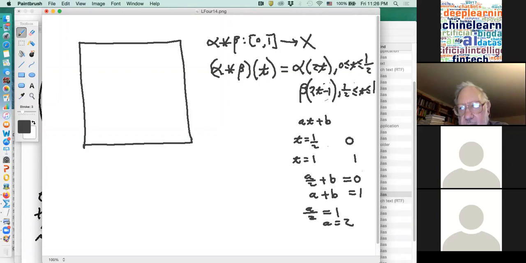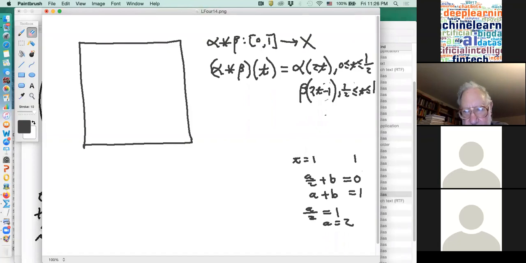Right, let's see. When t is equal to 1/2, I get 0. And when t equals 1, I get 1. There we go. Okay, right. I may have written something a little wrong, but we got that corrected.